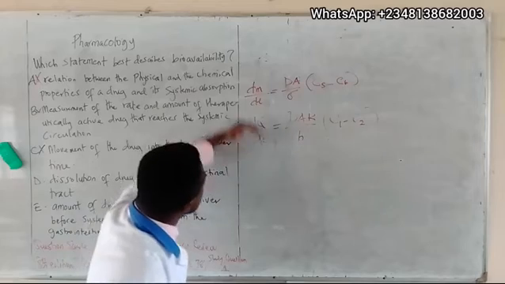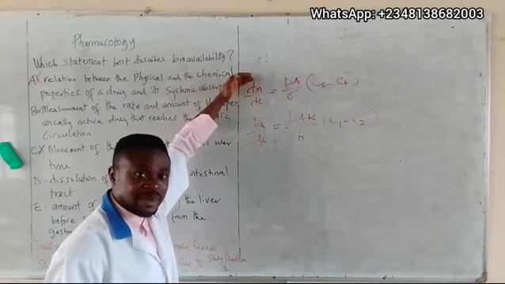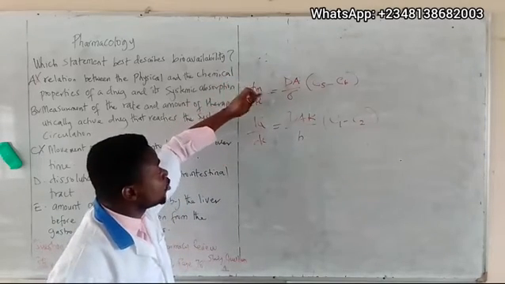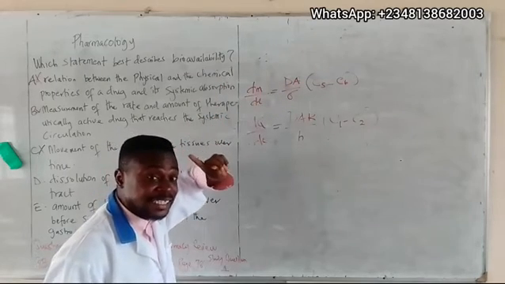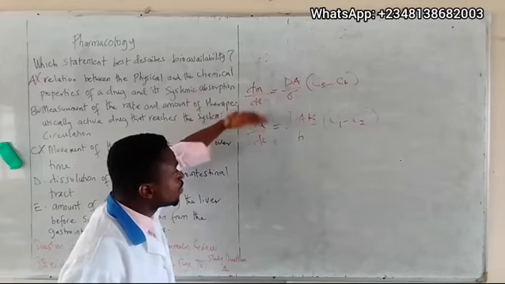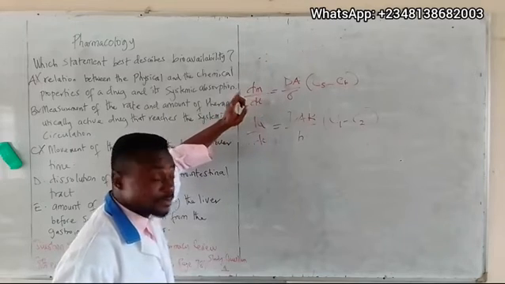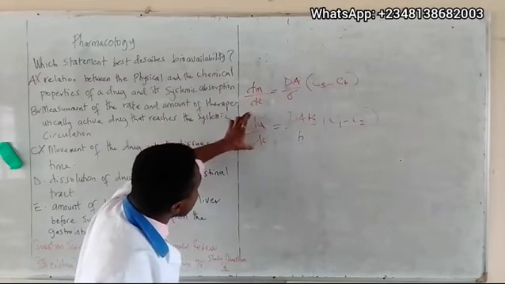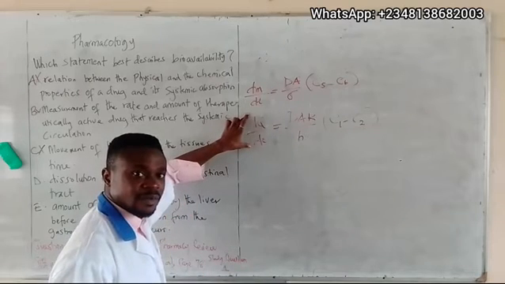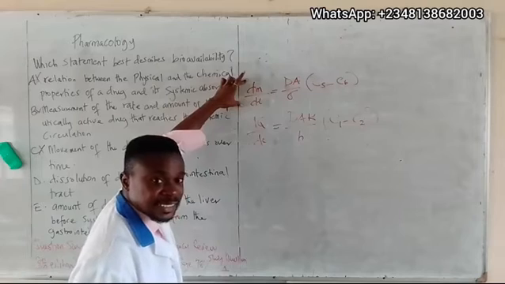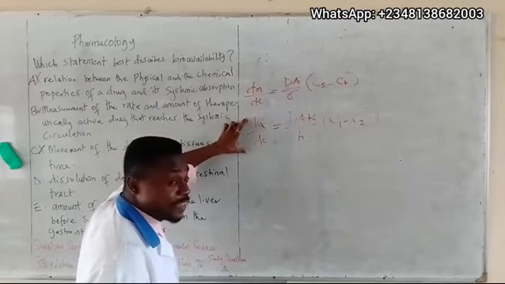Now, these two equations have a close resemblance, but if you're not careful, you may make the mistake of taking them to be the same. They are not exactly the same, even though they resemble each other. Now, this talks mainly about diffusion, but this is Fick's law.